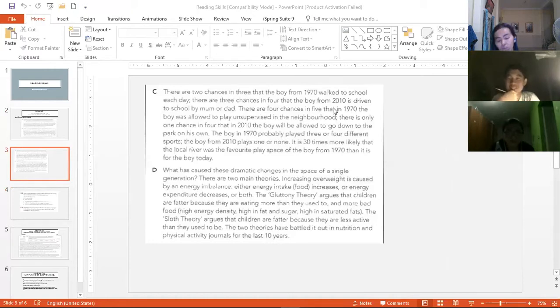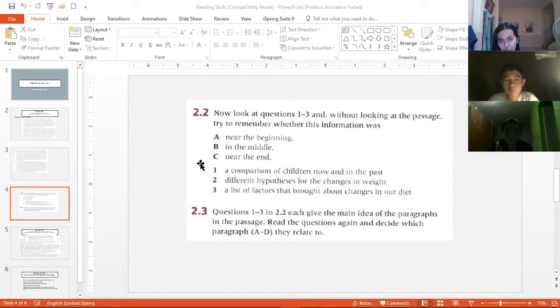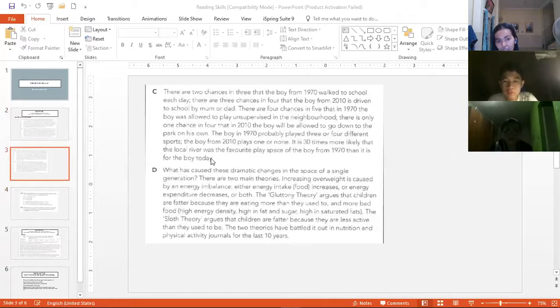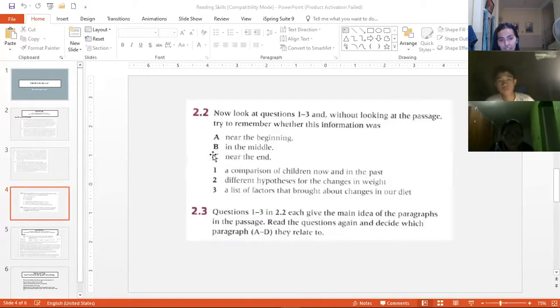Okay, so that's in paragraph C, I'm sorry. But the first one that they compare was in paragraph B. 2 boys, 12-year-old, 1970 and 12-year-old, 2010. Paragraph C, they just discuss the chances, like how many kilometers they walk, for example, okay? So it should be near the beginning.